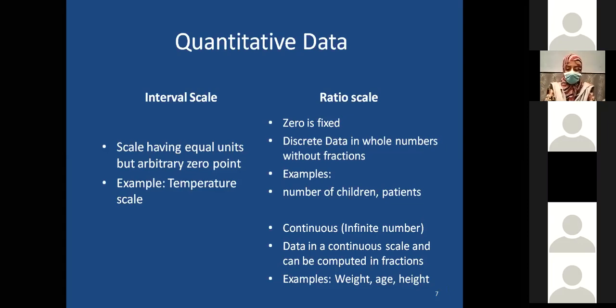For example, there is a child born of 0 days. That means that child has just been born, just been delivered. So that child has no days to count in his or her age. Okay? So number of children and patients, and continuous data. Then you have continuous data in which you have fractions, for example. Okay?